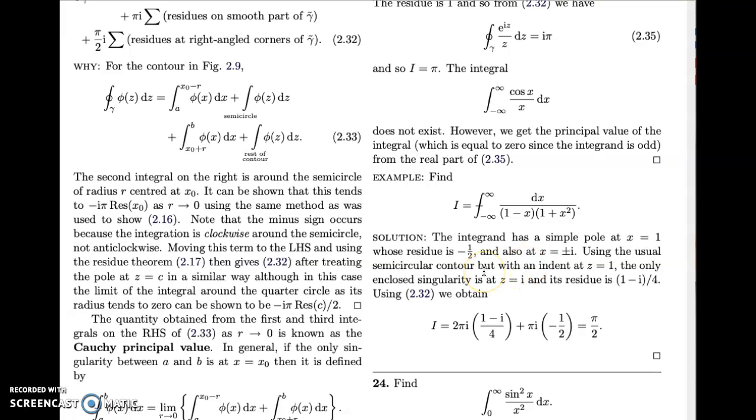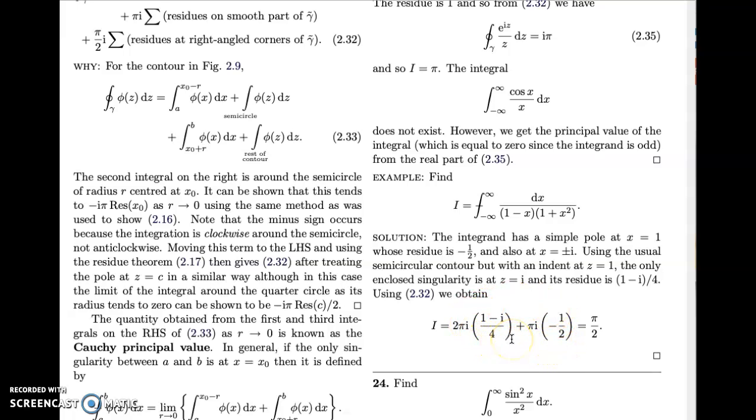So the only enclosed singularity is at z equals i, and it's straightforward to calculate the residue there. Okay, so we end up with 2 pi i times the residue at z equals i plus pi i times the residue at z equals 1.